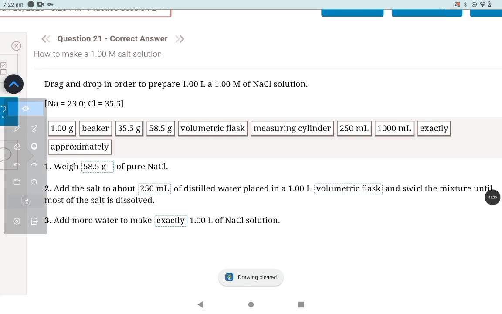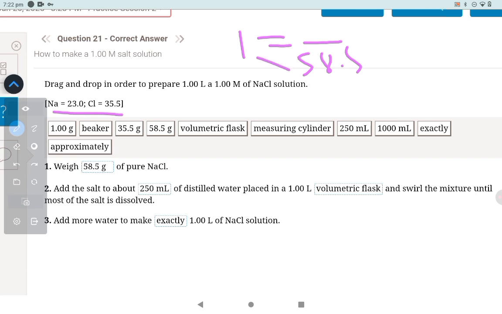To find 1 mole, we have n equals m over M, mass over molar mass. We know the molar mass of NaCl is 23 plus 35.5, which is 58.5. To make it 1 mole, we multiply and get 58.5 as well. So that is the mass of NaCl that forms 1 mole. That is the first step.